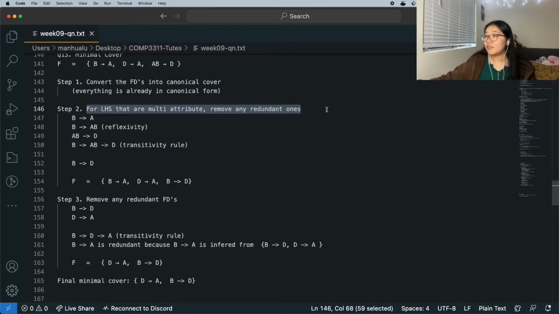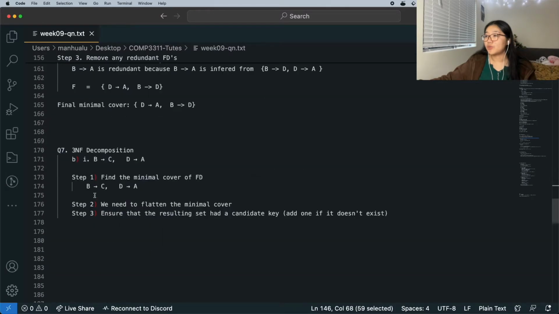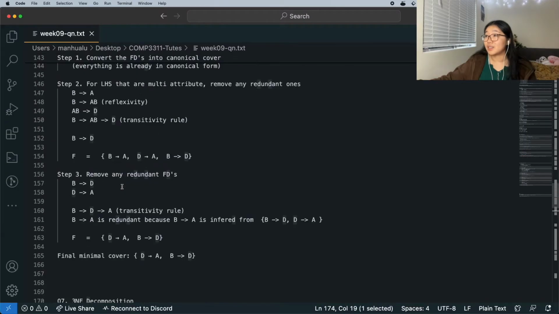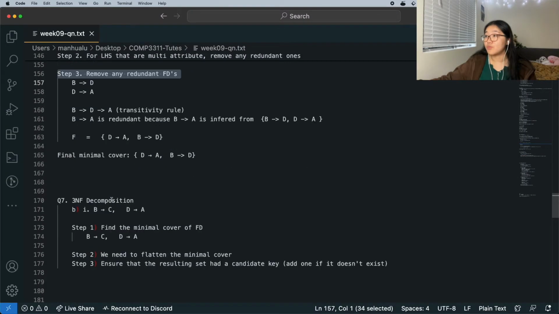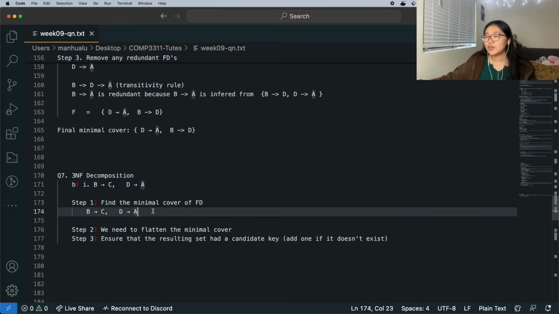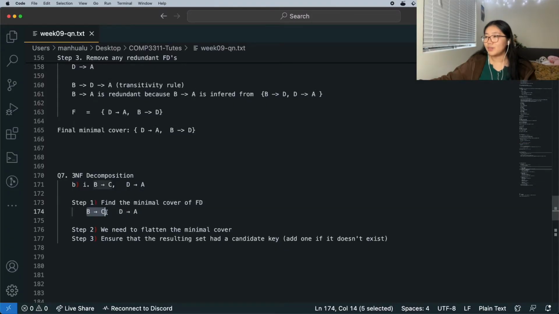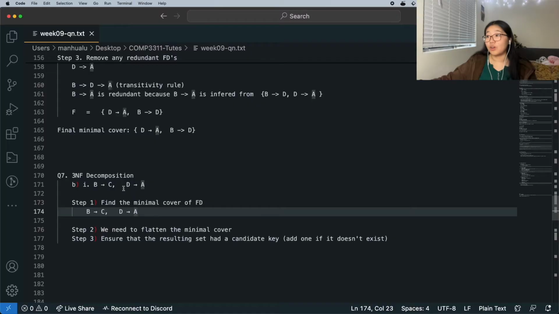For step 2, for left hand sides that are multi-attribute, we don't actually see any that have more than one, so we can skip step 2 as well, and then remove any redundant. This one's a very simple cover, so B, C, D gives us A. There's no real transitivity there or anything, so this is your minimal cover, right? You keep it as this, okay? Minimal cover, that's it.